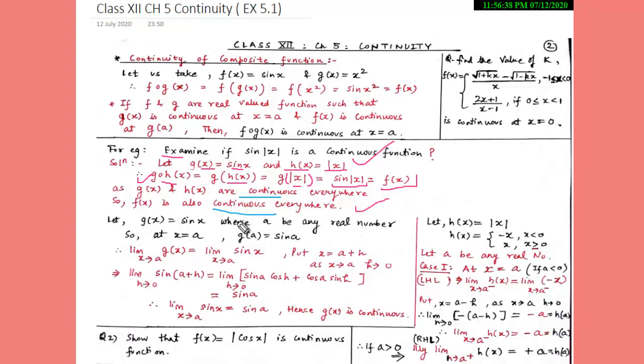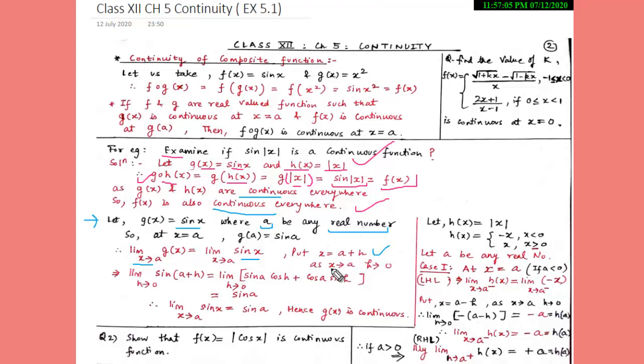And now to prove this in detail, let us take a function g(x) which equals sin x. So here we will check whether it is continuous or not at x equals a. Here a is a real number. So student, from here we can write this as limit x tends to a g(x), which equals limit x tends to a, and in place of g(x) we can write sin x, and now we will put in place of x, a plus h.